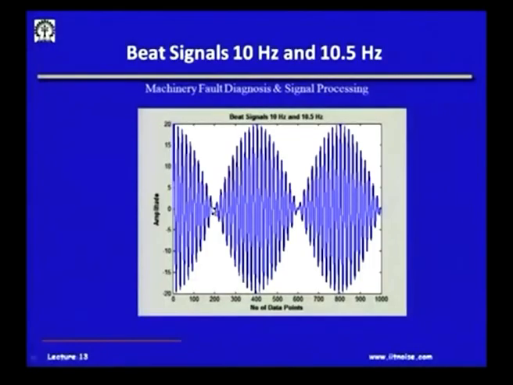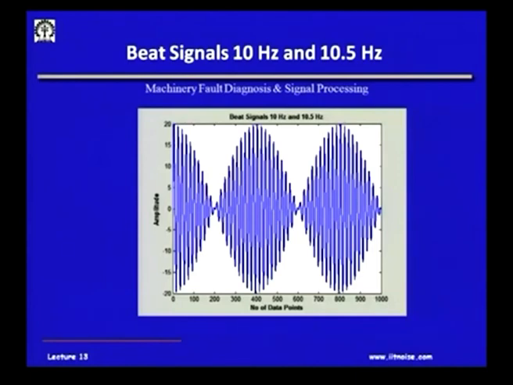For example, if two signals are beating, I will get this kind of waveform. An amplitude modulated signal would also look like this, as you would have seen. These signals here are actually high frequency carrier signals. The number of data points here is 1000, and the time period depends on the sampling frequency taken.